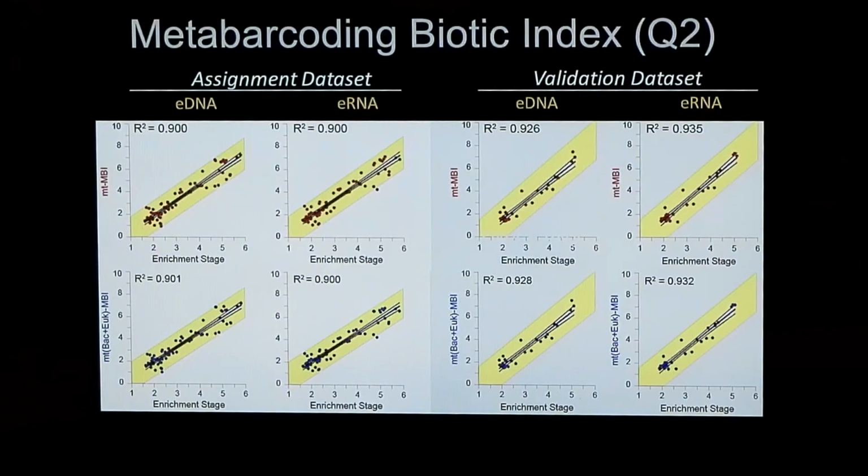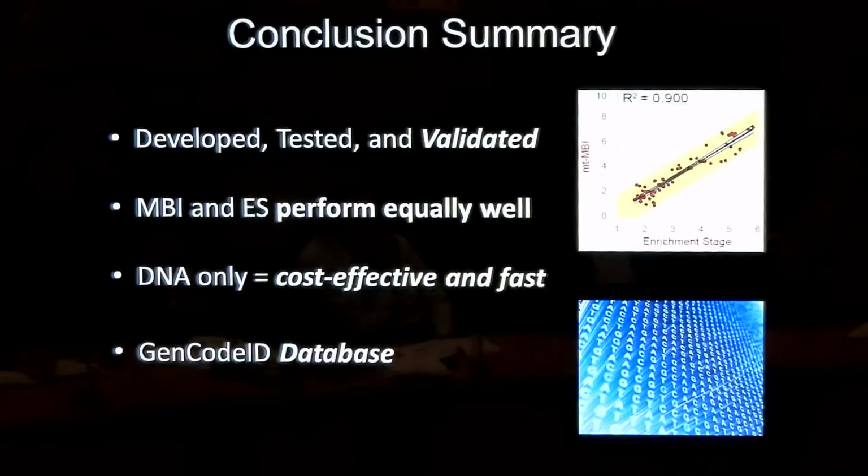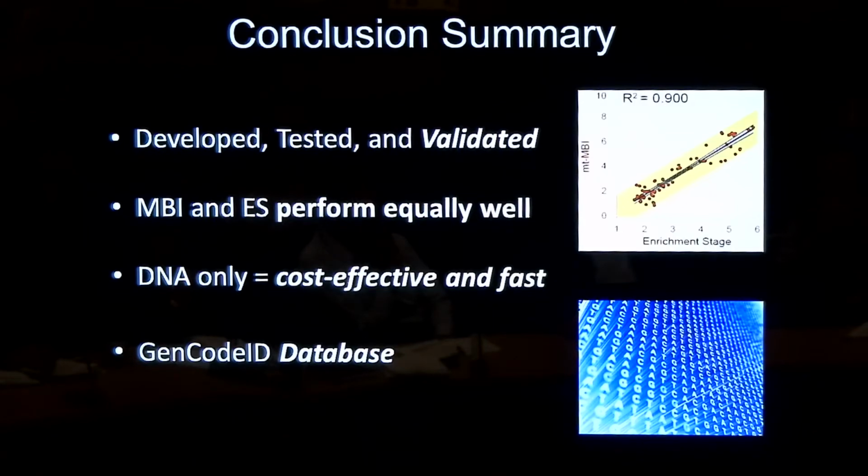To conclude, this was a world first. In fact, we developed, tested, and validated a multi-trophic Metabarcoding Biotic Index. The reason it was a world first is that it included a lot of samples from multiple years, farms, and regions.